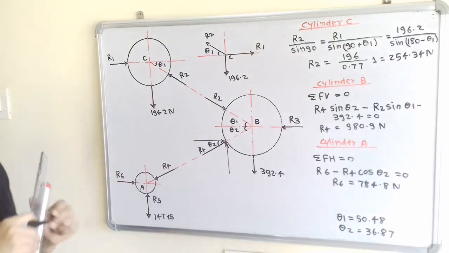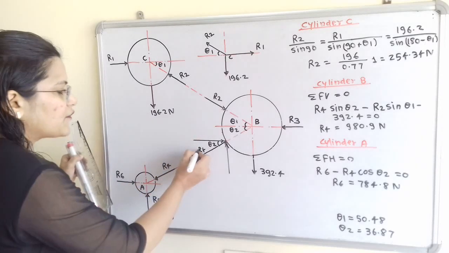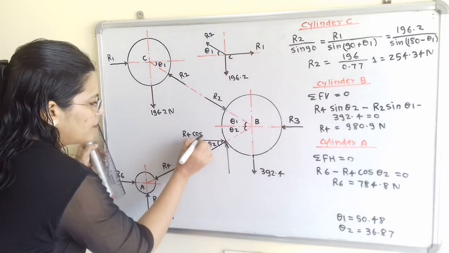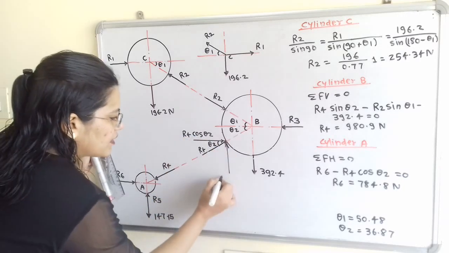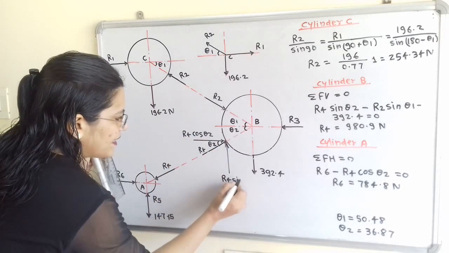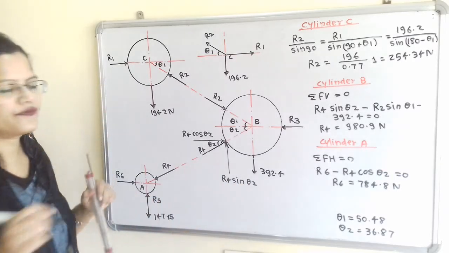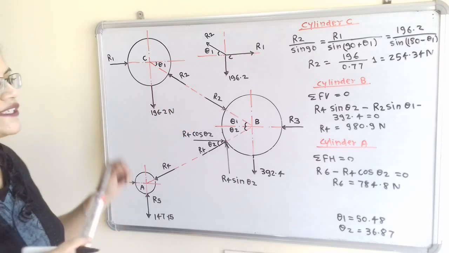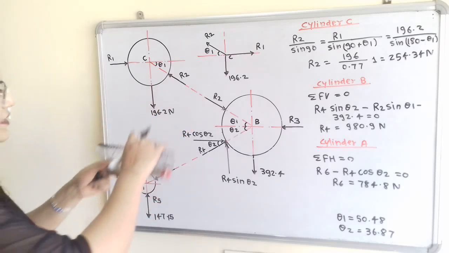So what is its value? So we can write here as R4 cos of theta 2, and for this vertical component, R4 sine of theta 2. Now in the same way we will resolve this R2. So how to resolve into horizontal and vertical component?